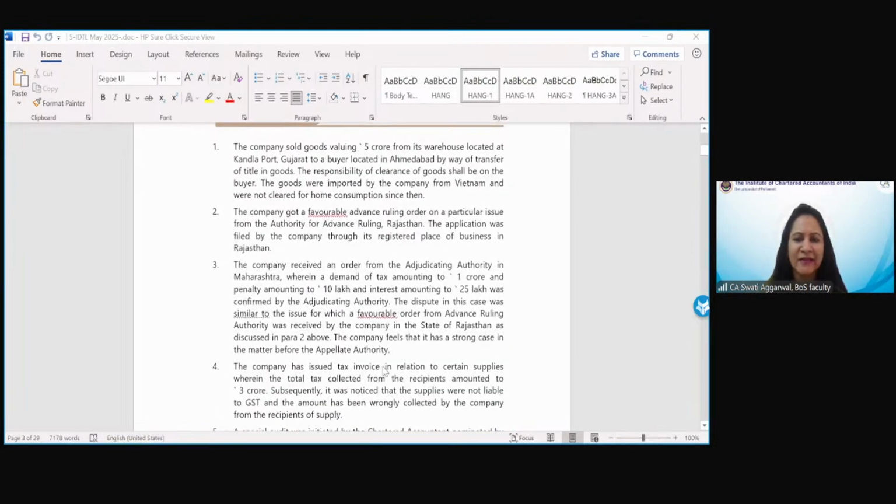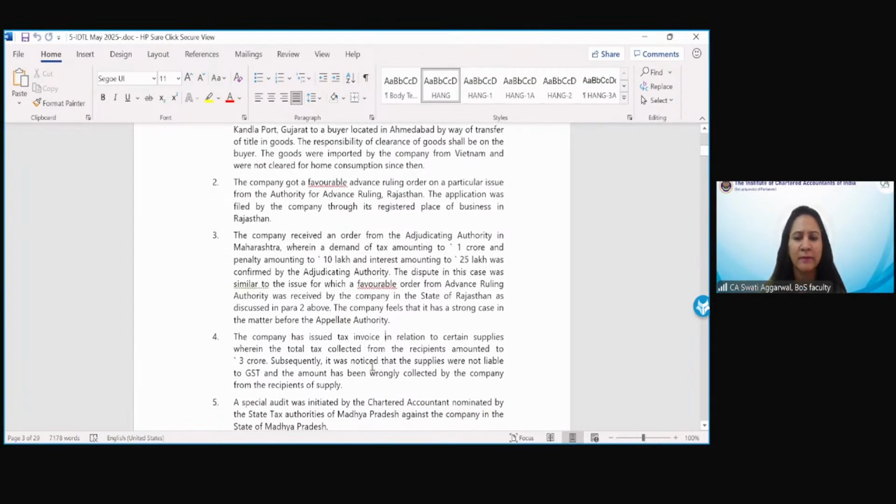Let us again see the relevant information. Para 3. This is the point where students generally commit mistakes.